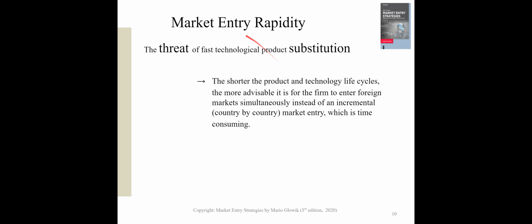And another issue behind the phenomena of market entry rapidity comes along with the threat of technological or product substitution. In general, the shorter the product and technology life cycles, the more advisable it is for the firm to enter foreign markets simultaneously instead of an incremental country by country market entry, which is time consuming.